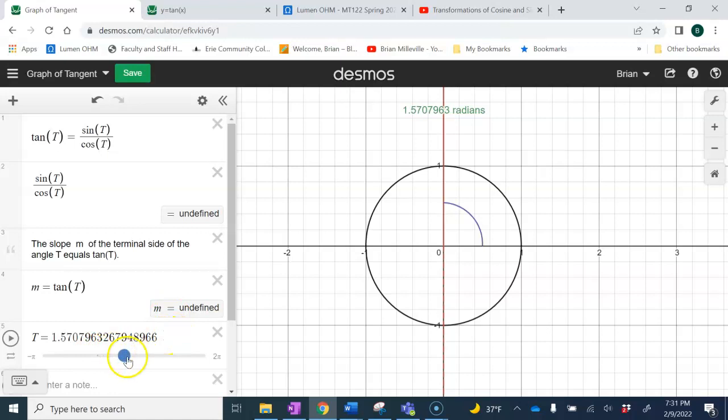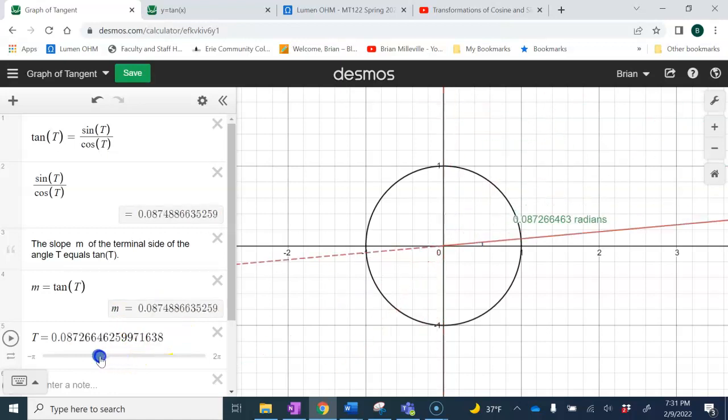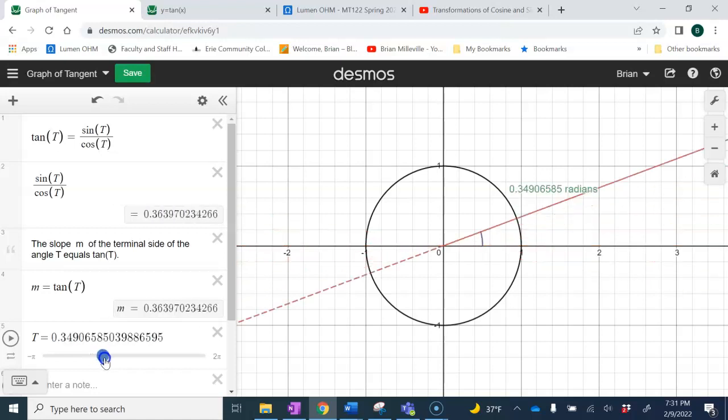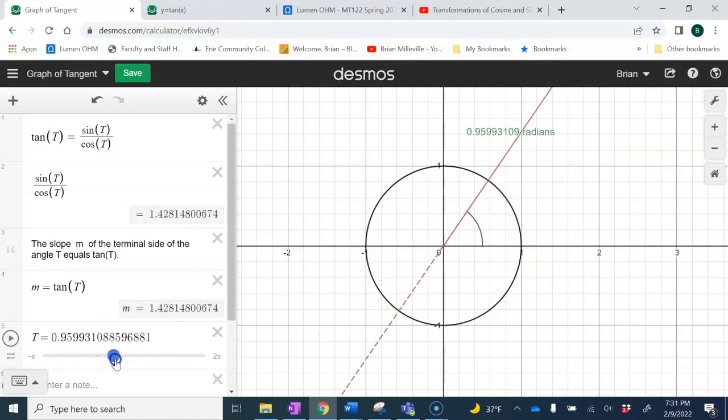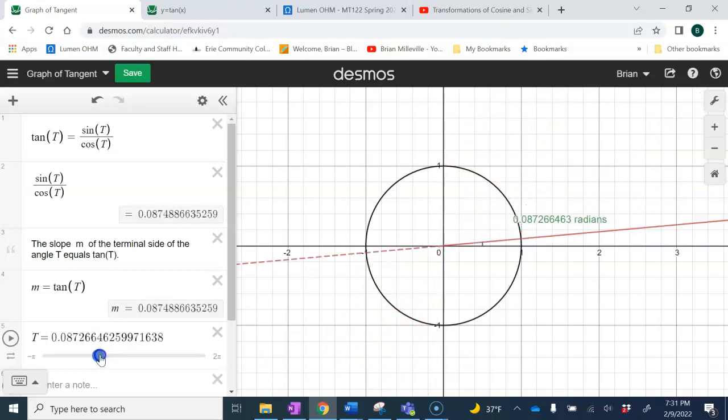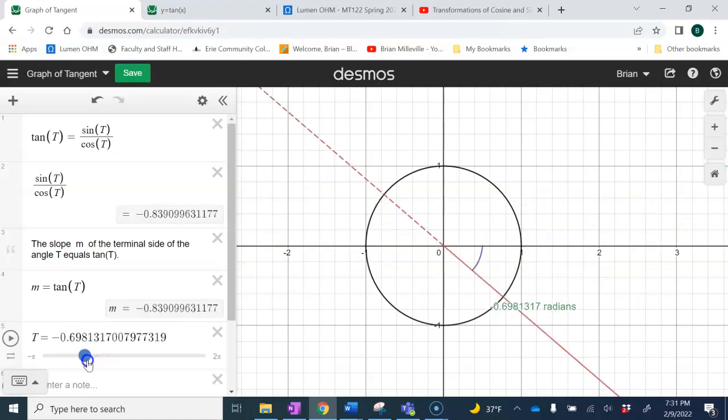So for acute angles in the first quadrant, tangent of 0 is 0 because the slope of that angle is 0. For angles that are acute, we're going to have a positive output value for the tangent function. If we go backwards, then we can see in this figure the slope of the terminal side of this negative angle will be negative, and we see that the value for tangent is coming out negative.